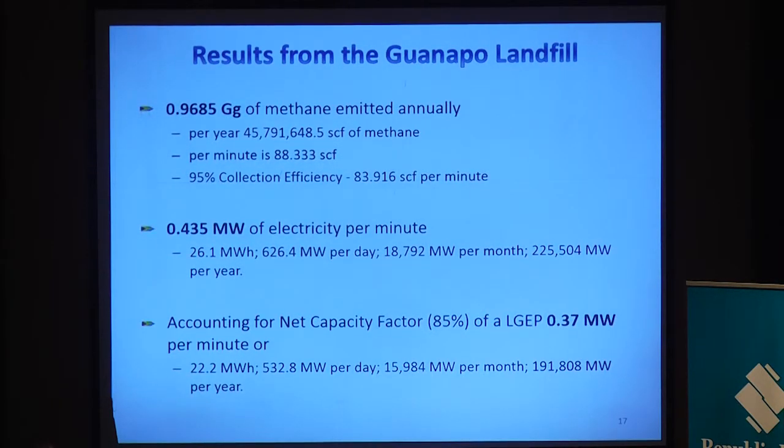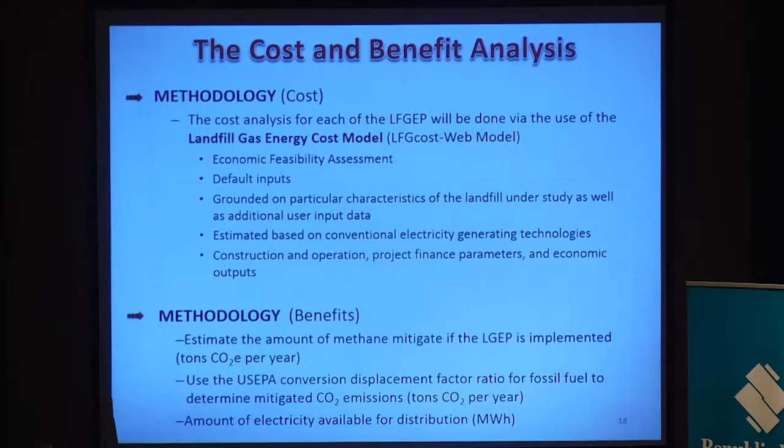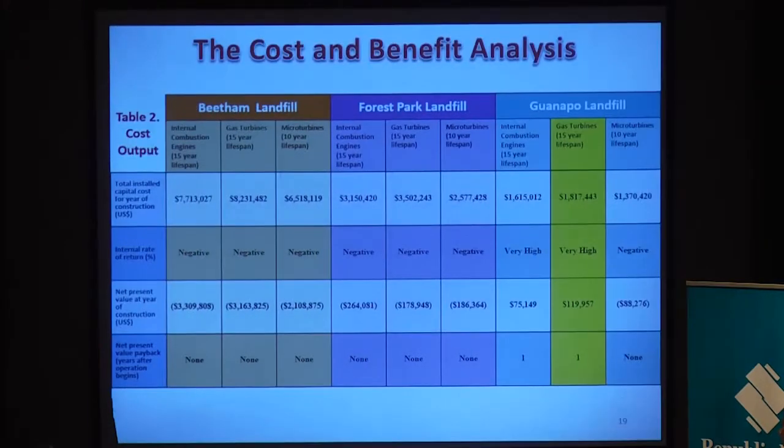In terms of methodology, you look at the benefits in terms of the amount of methane mitigated, the amount of carbon mitigated by using methane as a fuel source instead of fossil fuels, and the amount of electricity generated. And these are the results for the Beetham, Forest Park, and Guanapo landfills.